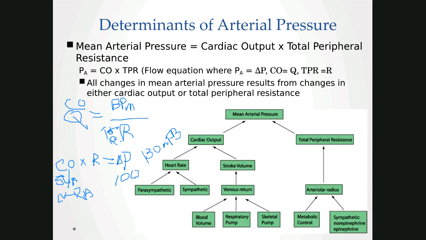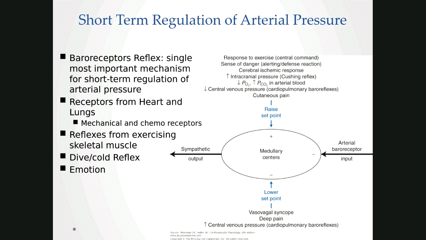All right, now how do I manipulate and check myself and regulate my blood pressure in the short term? One of the big ways we do that is through the baroreceptor reflex. Now the baroreceptor is a stretch receptor that is located in the aortic arch and in the carotids.